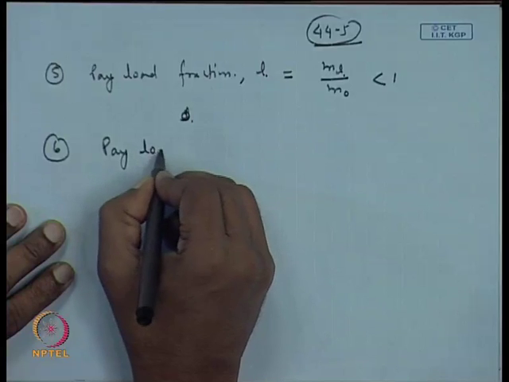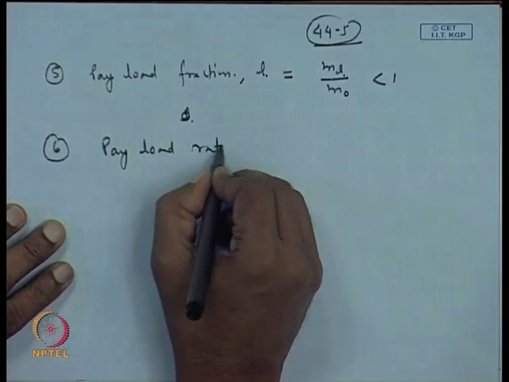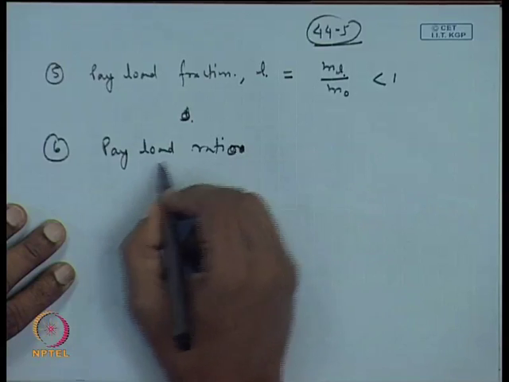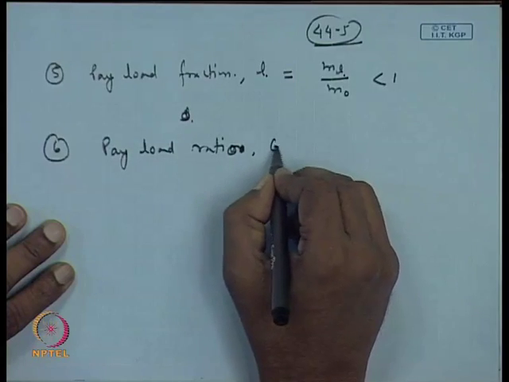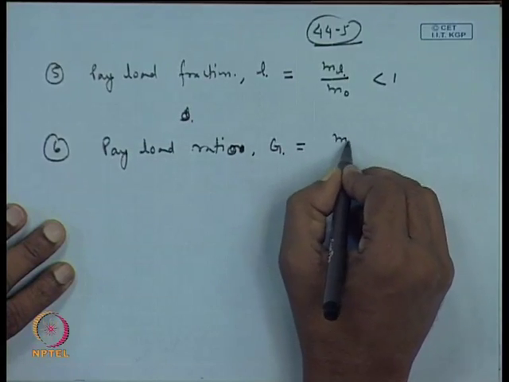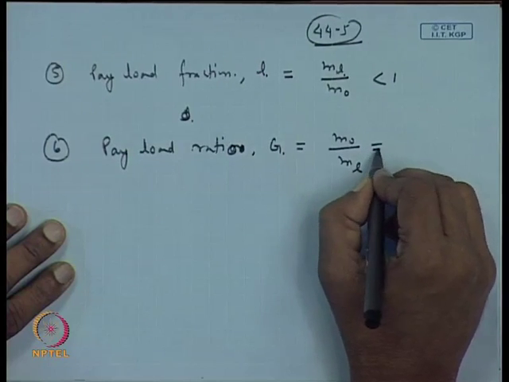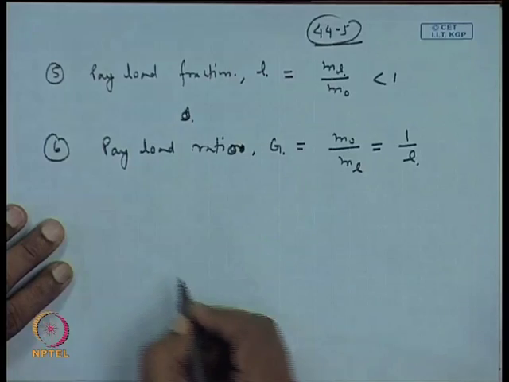Then payload ratio, so fractions are less than 1 and the ratio will be greater than 1. Okay, so payload ratio, this we write as G, and this we define as m_0 by m_L. So, the inverse of this. Okay, so, we can write this as 1 by L.